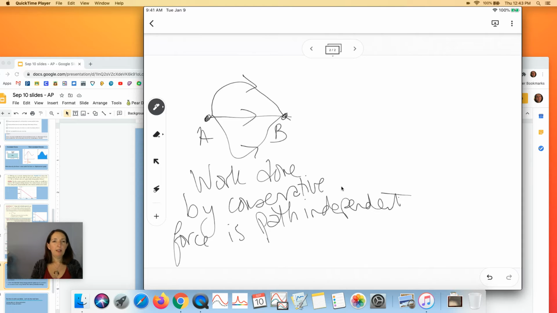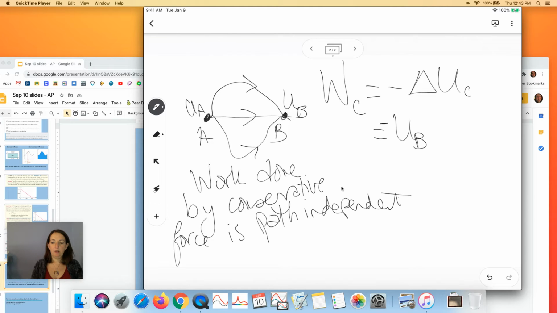This goes hand in hand with the idea that the work done by a conservative force is the negative of the change in potential energy, because I can define a potential energy here and a potential energy here, so I've got UB minus UA. The point is that you have no idea how it got from A to B. And that's the glory here: it's really just this difference of the two.